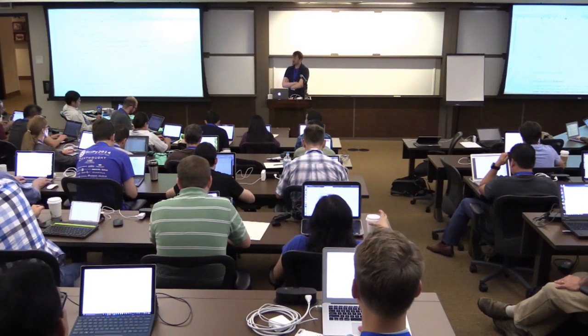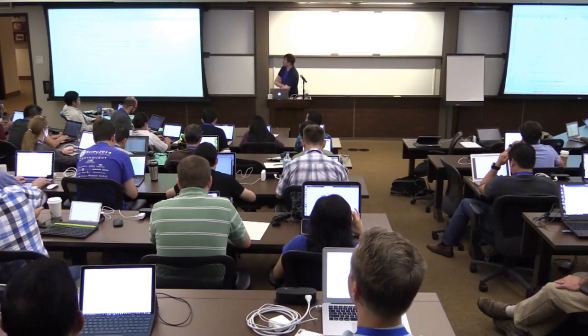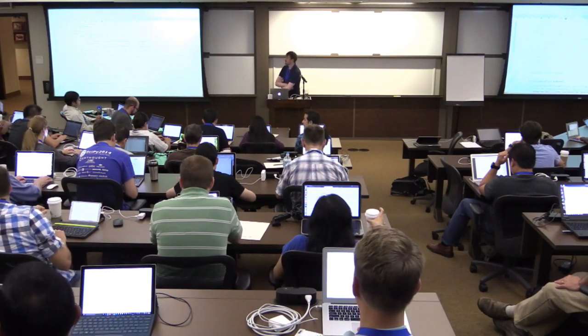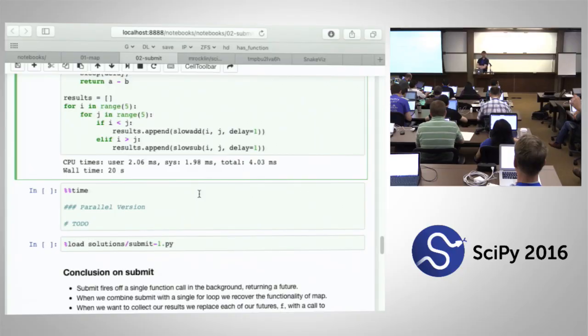One of the things about these APIs is the contract of the executor API is very small. It doesn't guarantee anything about when or where those functions will be called. It just guarantees that the function will be called, and when you wait for the result, you'll get the result.